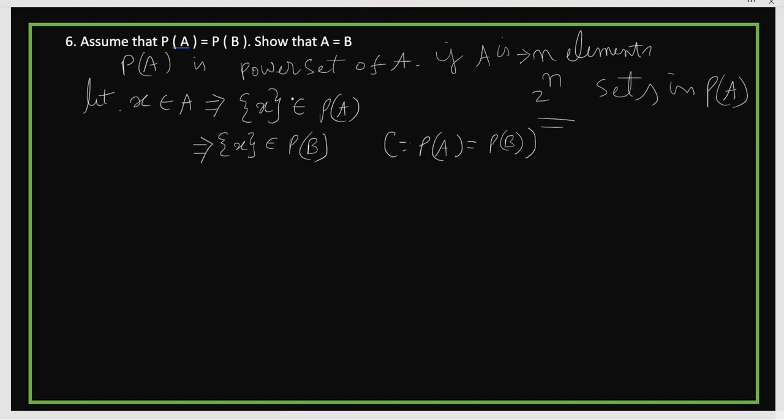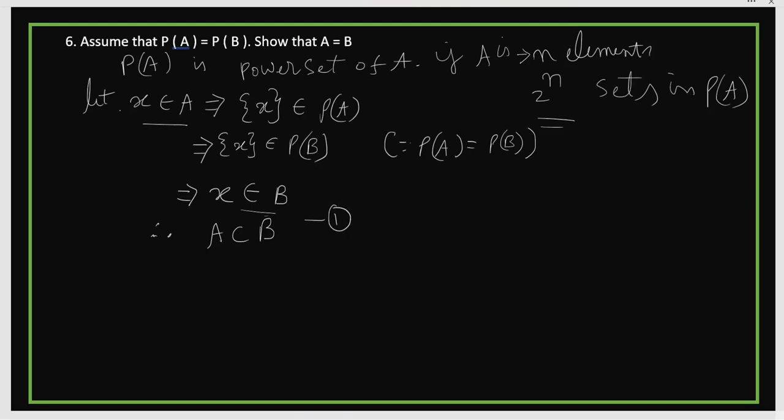So x belongs to B; x as an element, not a set element. Therefore, we started from x belongs to A, and we have shown x also belongs to B. So A is a subset of B, right? This is one.